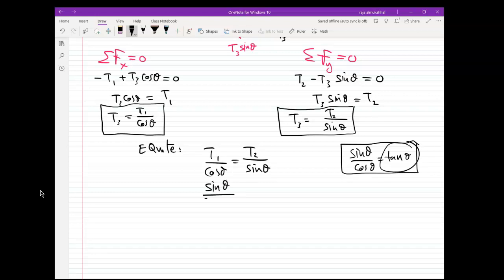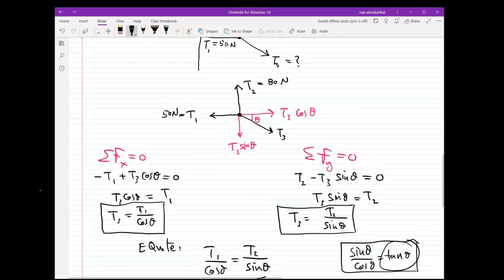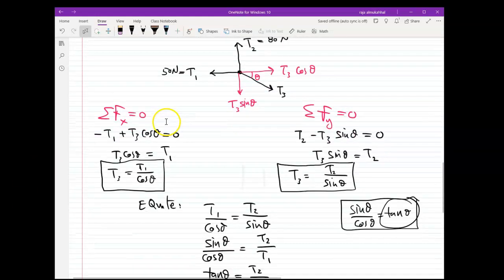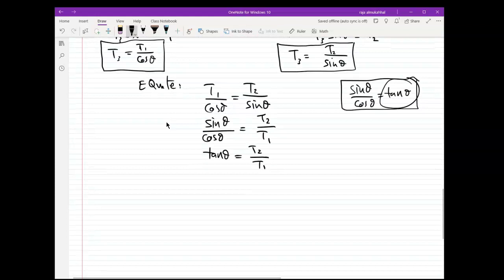Sine theta over cosine theta, that's equal to T2 over T1, or tan theta equals T2 over T1. The good news is I already know what T2 and T1 are. Here they are, 80 and 50. I can plug them in there. So therefore, tan theta equals 80 over 50. Take the zeros out.